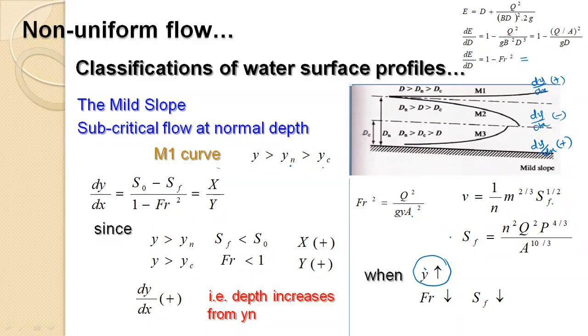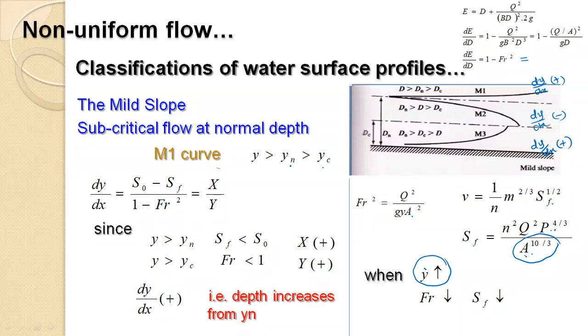Now, if I look at the friction slope, when y goes up, both P and A go up. But the dependency of A is more significant, or more sensitive to y, than P, because this is 10 divided by 3.